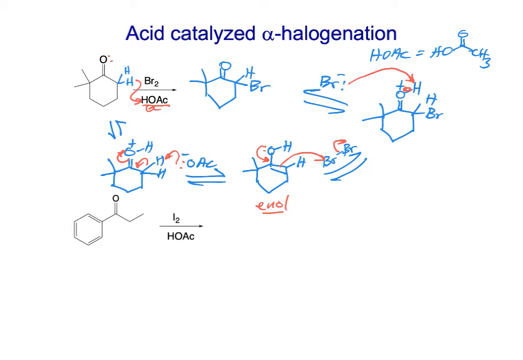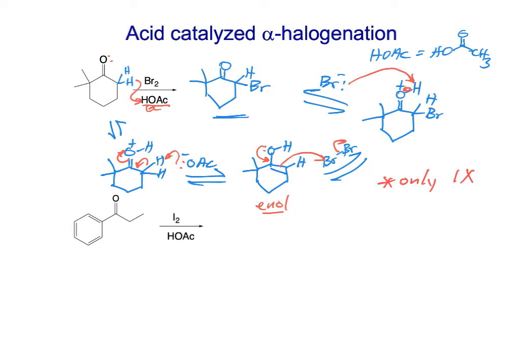You might have the question whether this bromoketone here would actually react one more time to form a dibromo species. The answer is that under acidic conditions, this reaction will take place only one time to add one bromine. The reason is that once we've added a bromine, we can show this in two different places.